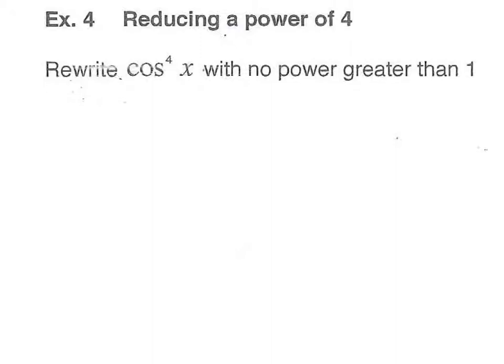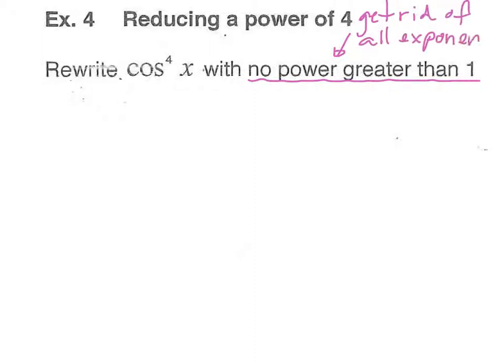So this one, it says reducing a power of 4. We're going to rewrite the cosine of the fourth of x with no power greater than 1. What that means is you are to get rid of all exponents. So the exponents to the fourth power. So we're going to use substitution to do that.